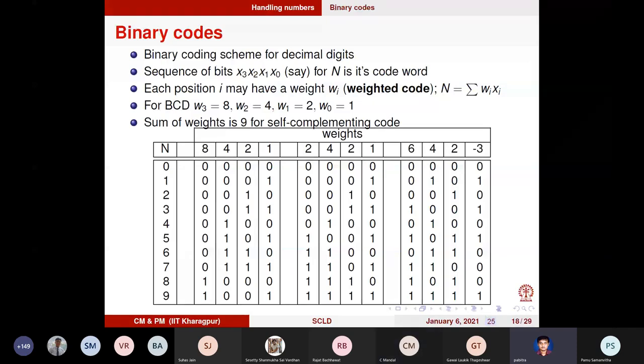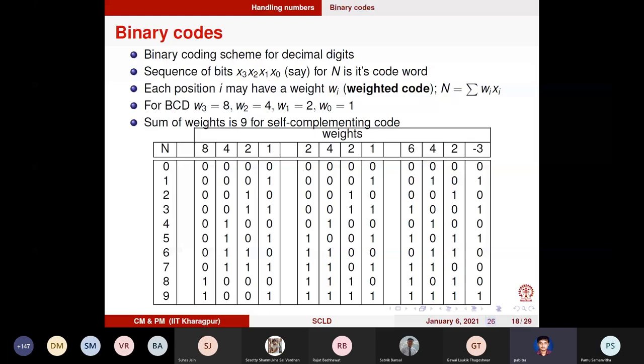We studied the binary coded decimal, that is the BCD code. As you know very well by now, every decimal digit from 0 to 9 is represented by its binary equivalent. You have 4 bits for one digit.